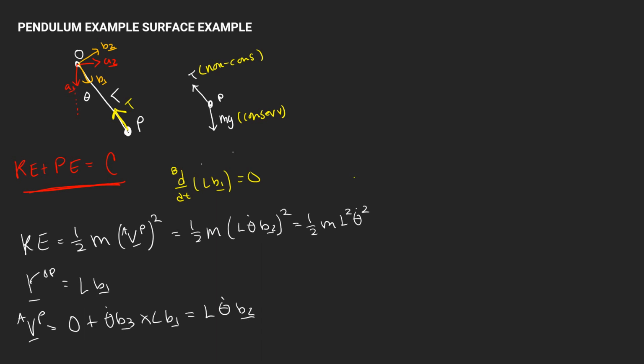So next, we need to calculate the potential energy, which is equal to mg y, and this y is the vertical distance between our reference position, which has 0 potential energy, which we're going to call the hanging position, so when theta equals 0.